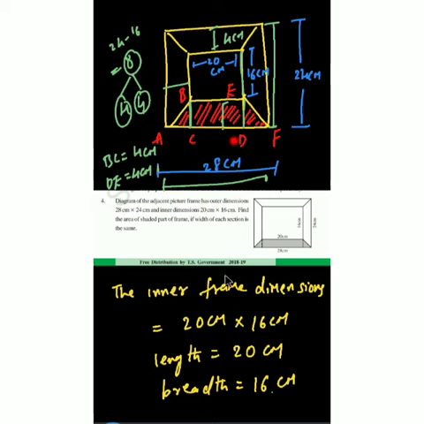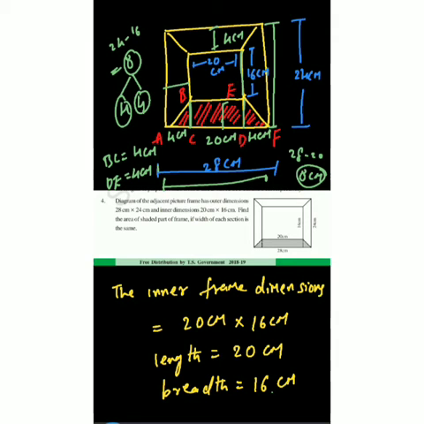How much is reduced? 28 minus 20, so 8 centimeter. Again, it needs to break into two equal parts, so this is 4 centimeter and this is also 4 centimeter. Did you understand the diagram?